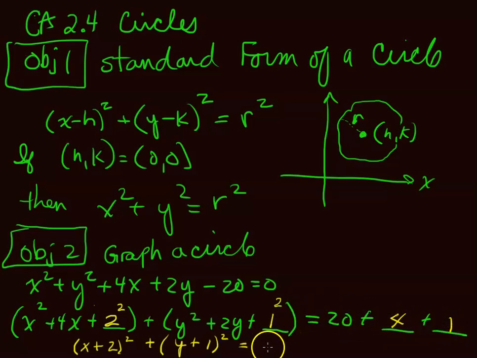And it's probably better to write this as 5 squared, because it's the radius squared. So don't get that confused with 25, it's just the 5.